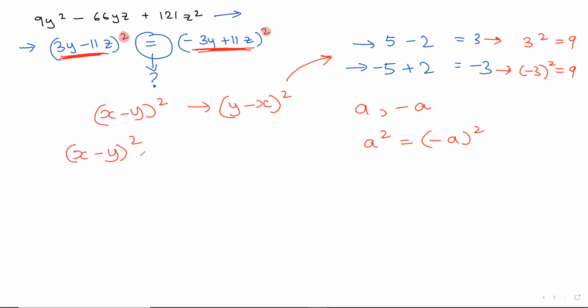Now what I'm doing is I can take negative common from both x and y. If I take negative common, this is minus of minus x plus y, and this whole thing squared.